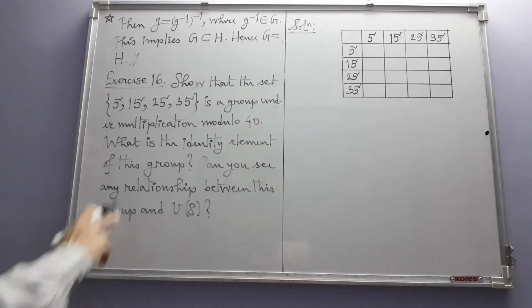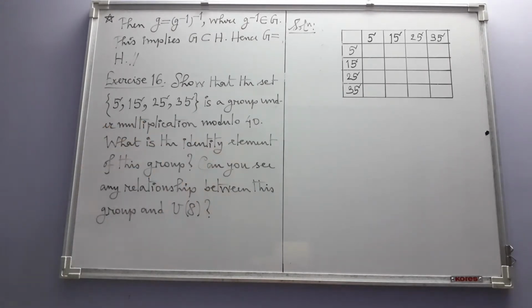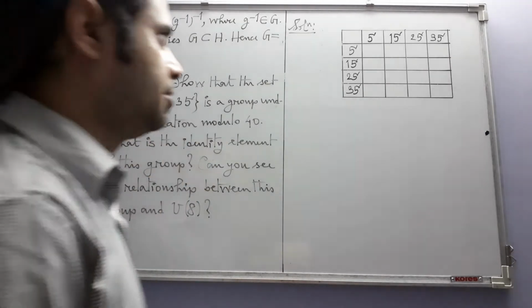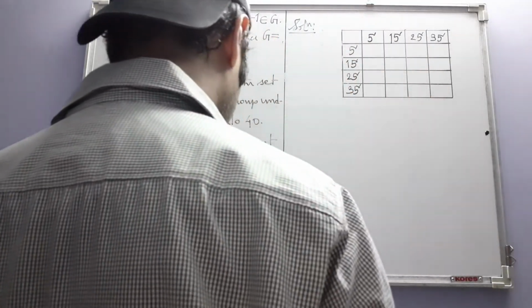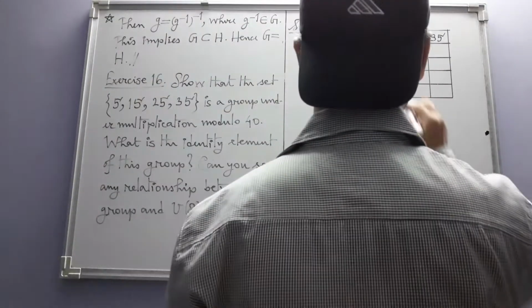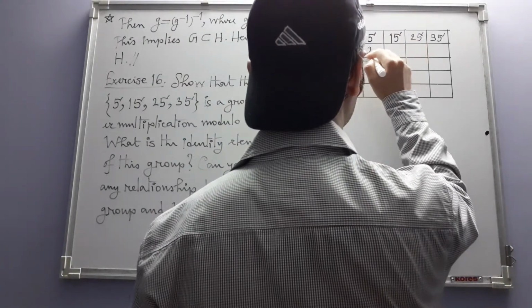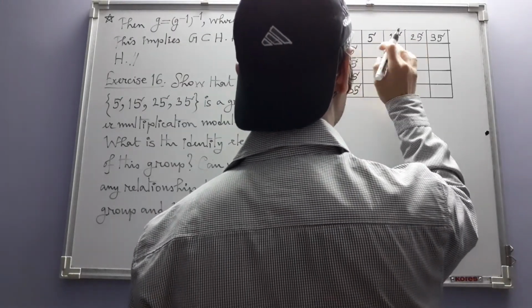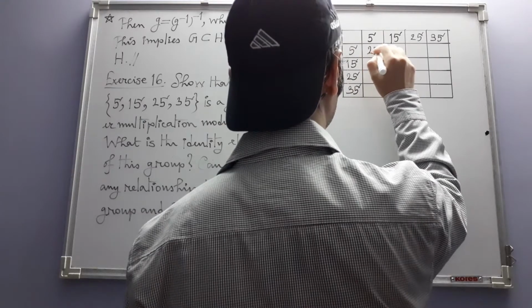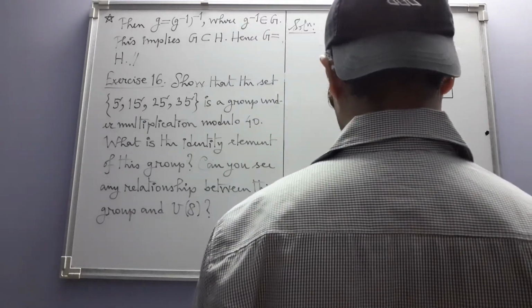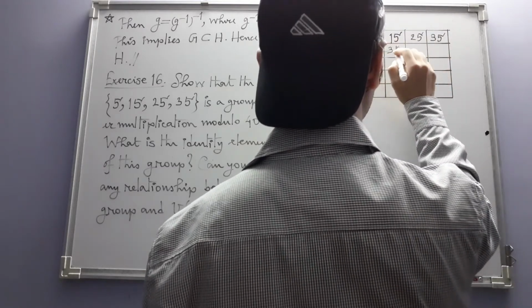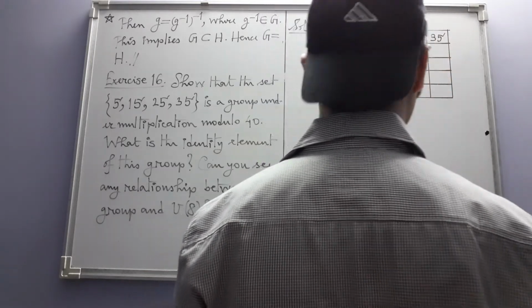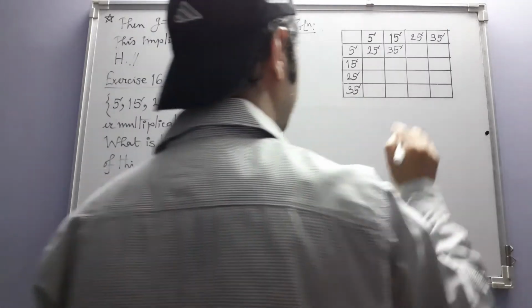Now if the operation is multiplication modulo 40, then you will see that if you calculate these compositions, you get this. 5 times 5 is of course 25, and 25 mod 40 is 25. 5 times 15 is 75. 75 mod 40 is 35.